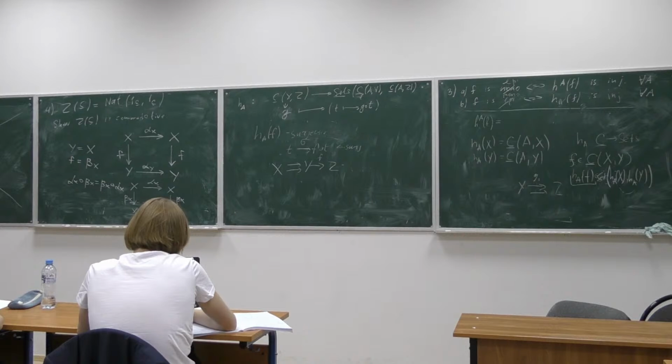So is it clear for you? And natural transformation from identity. So what would be the answer if C is just a monoid? Just the center of this monoid, yes.